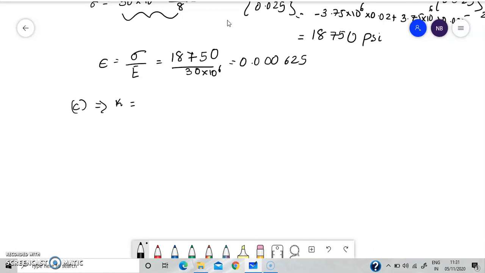The third one, we are asked to find out the stiffness matrix. Stiffness matrix for a one-dimensional element is given by this formula, A E by L times the matrix 1, minus 1, minus 1, 1. A is already given to us as 1.2 square inch.